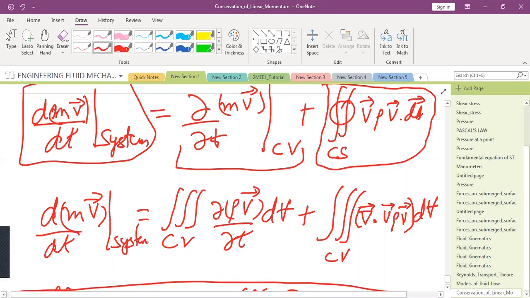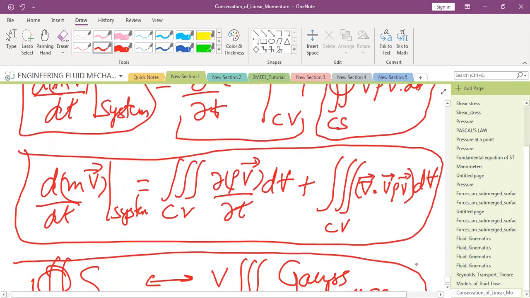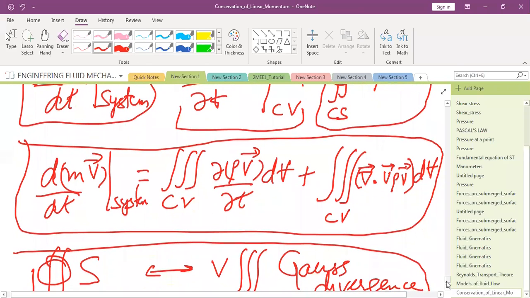Any doubts to anyone in this expression? So what I have done is I have simply put the value of mass in this term and converted from surface to volume integral using the Gauss divergence theorem or fundamental theorem of divergence. Any doubts to anyone?